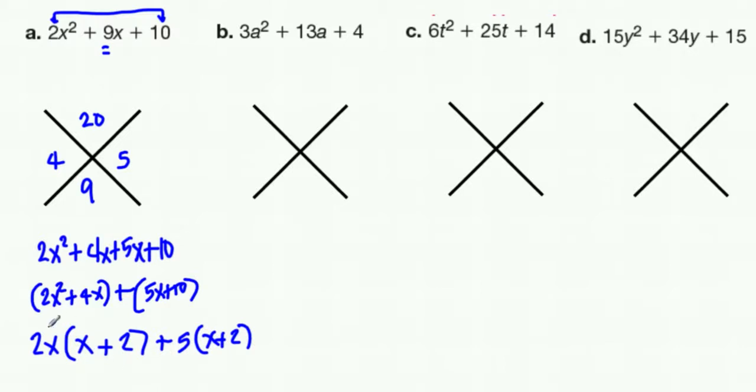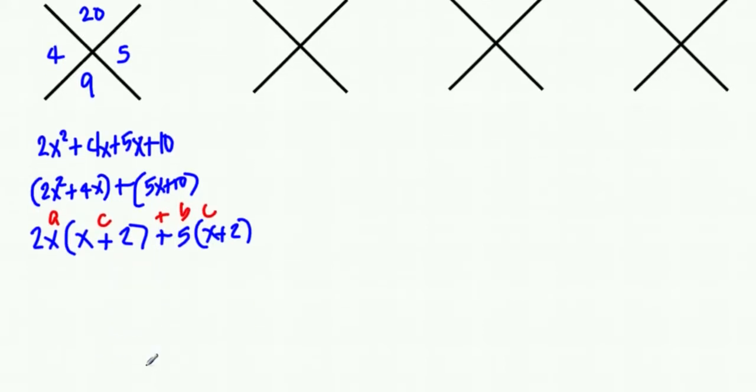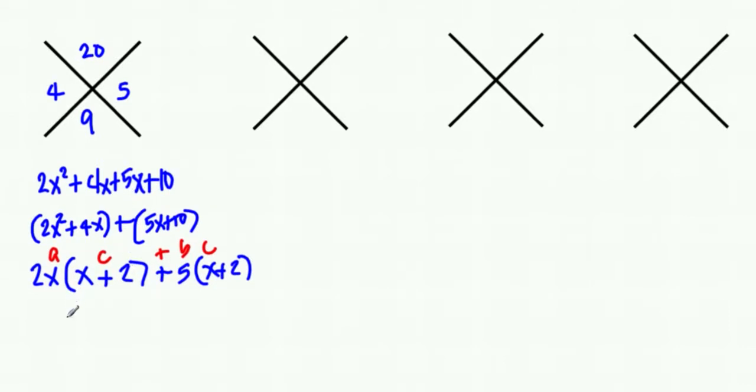And using the distributive property, remember we talked about this in the last lesson. This is AC plus BC, and we want to make it into A plus B times C. Substituting the values now, you have your A, which is 2x, you have my B, which is 5, and my C, which is x plus 2.